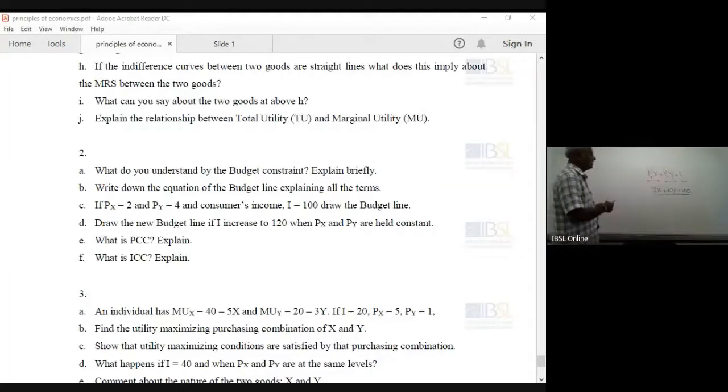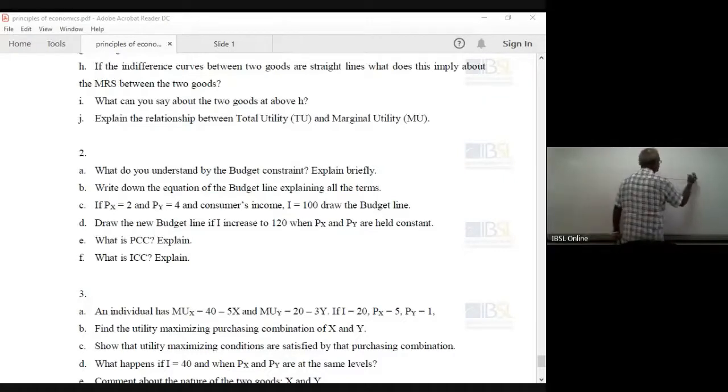Now we will draw that budget line. That line is this. At this point, he spent all 100 to buy only X. 100 divided by 2, 50. At this point, you spend all 100 to buy only Y. 100 divided by 4, 25 units can be purchased.